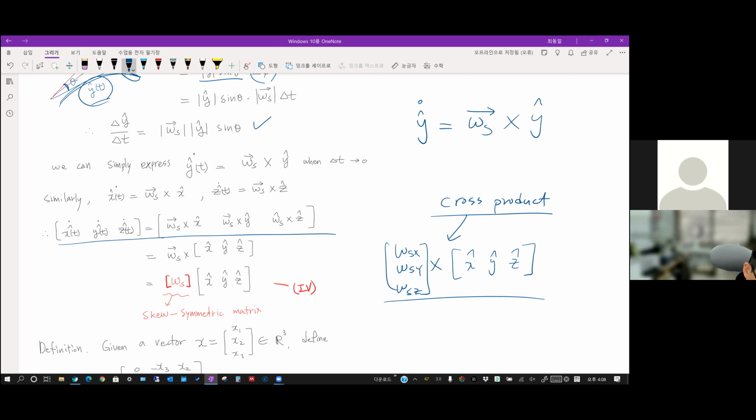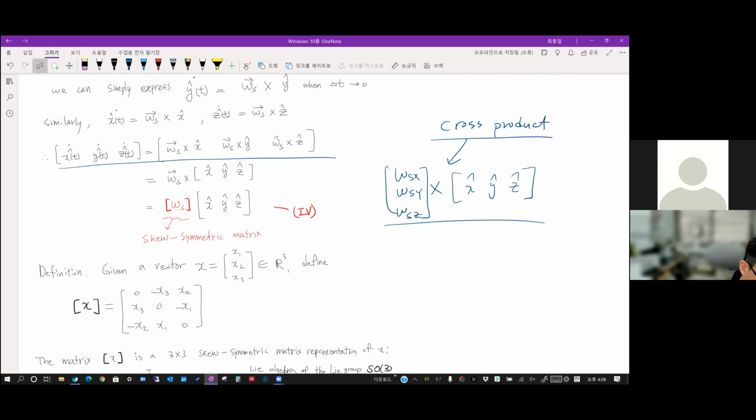We can calculate this with the method we already learned in high school or calculus, but to calculate this effectively, we can transform this vector to a skew symmetric matrix.